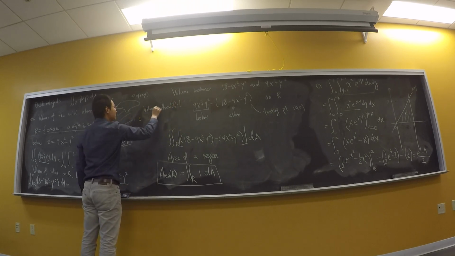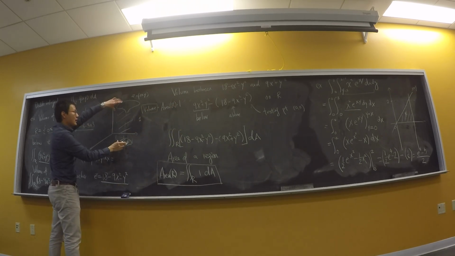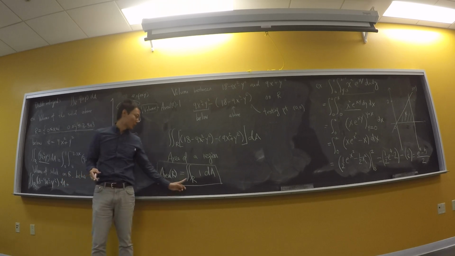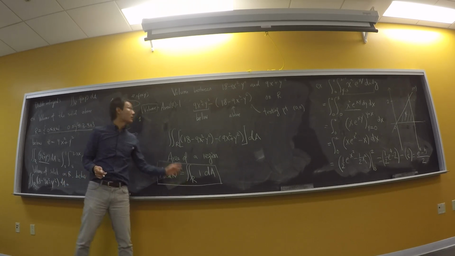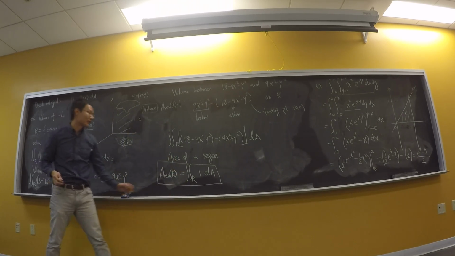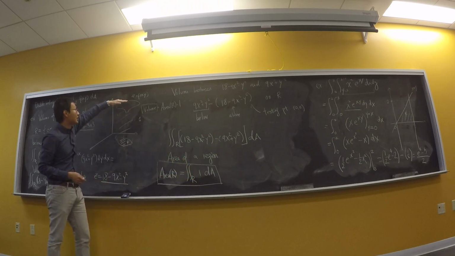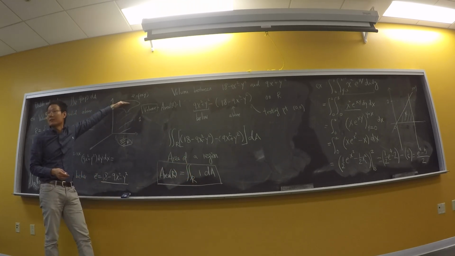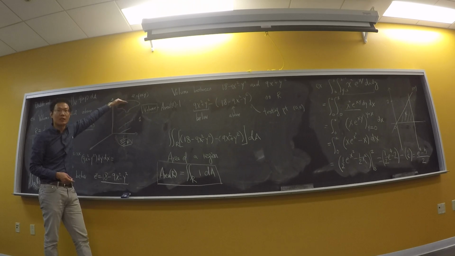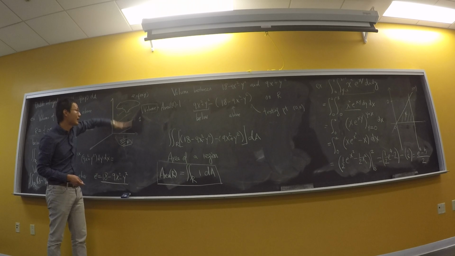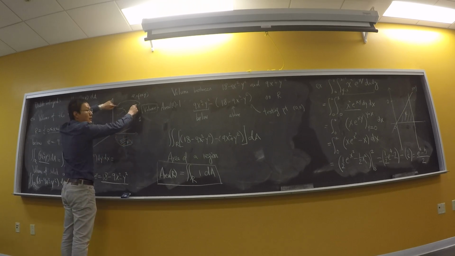But the volume of this solid is exactly equal to the double integral of the surface defining function. What is the surface defining function here? z equals 1, right? Because the height is equal to 1, so this z has to be equal to 1.